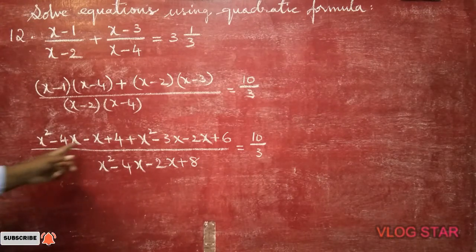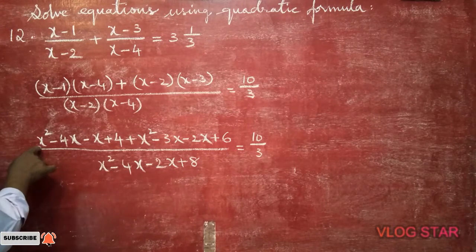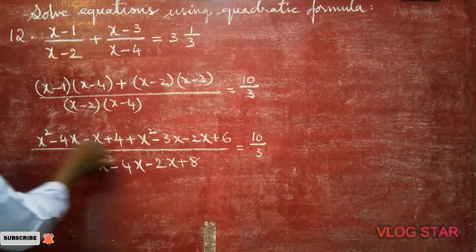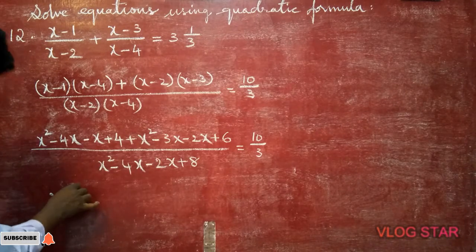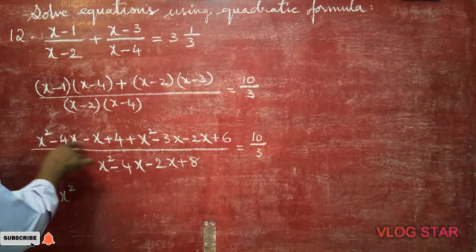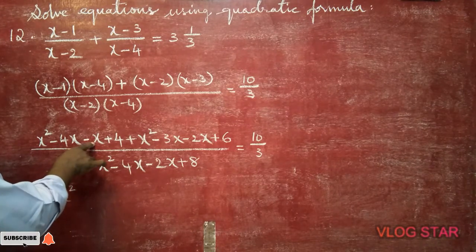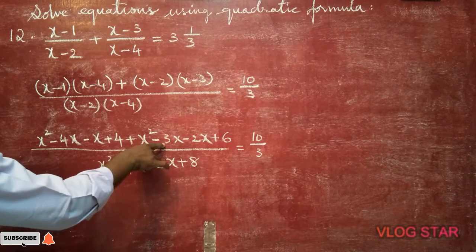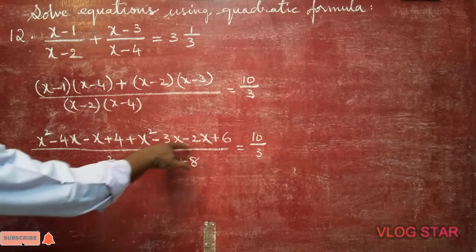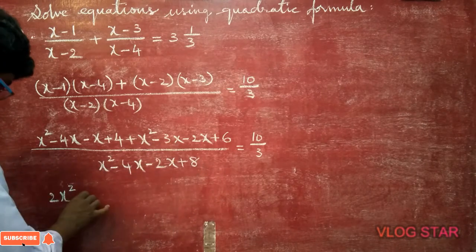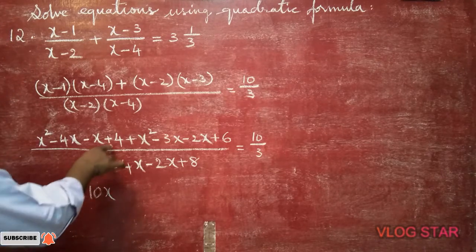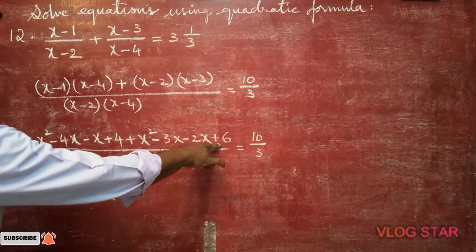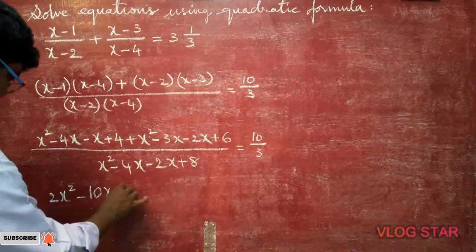Now see the like terms and simplify. x square plus x square is 2x square; minus 4x minus 1x is minus 5x, minus 3x is minus 8x, minus 2x is minus 10x; 4 plus 6 is 10.